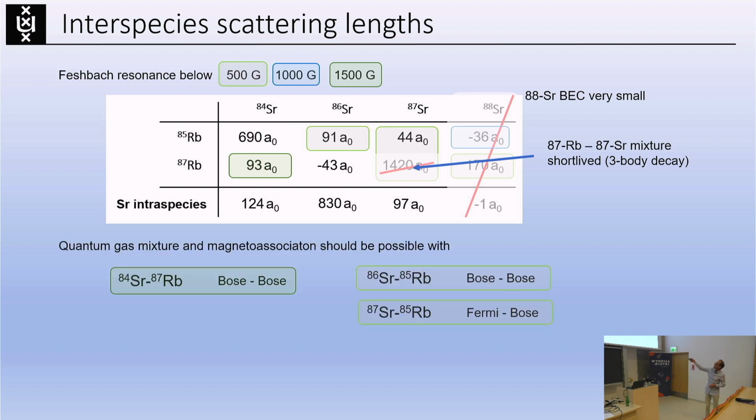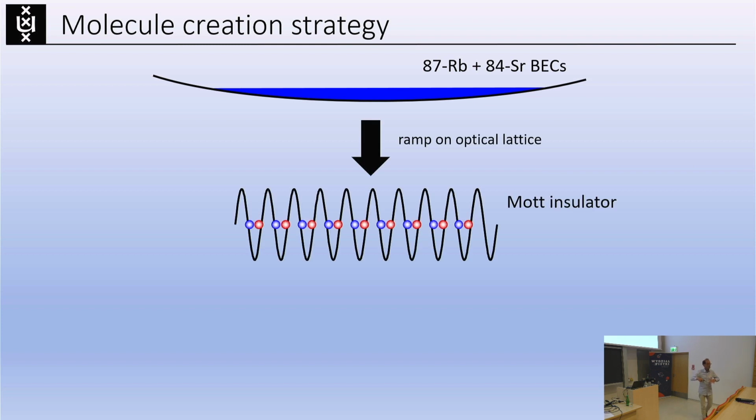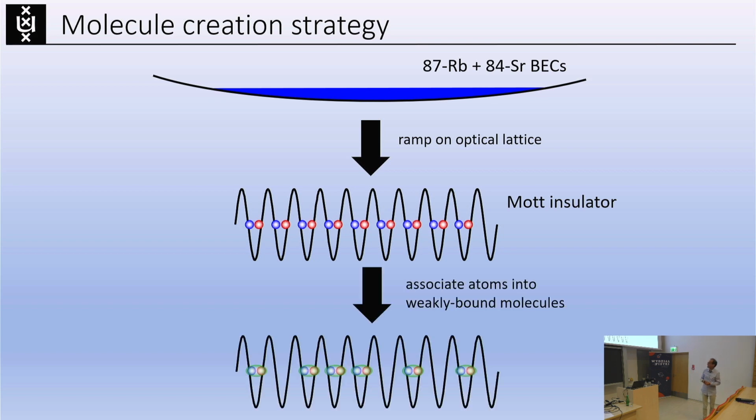The nicest mixture experimentally is strontium-84, rubidium-87, because it's really a piece of cake to make a double Bose-Einstein condensate. And to enhance our chance of making use of these super weak magnetic Feshbach resonances, we load our mixture into a 3D optical lattice, and our intention was to create lots of lattice sites with 1 atom of each species, and then use magnetoassociation.